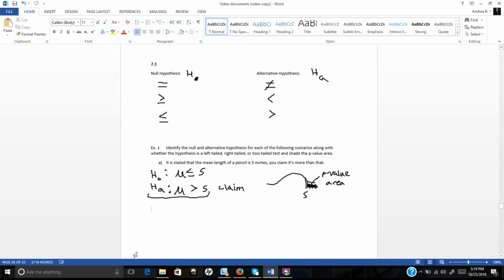So that's in terms of that case. And then I have another one to also go through. For part B, let's say that it is stated that the mean number of cars that are sold at a dealership in a month is, let's say, 30 cars.